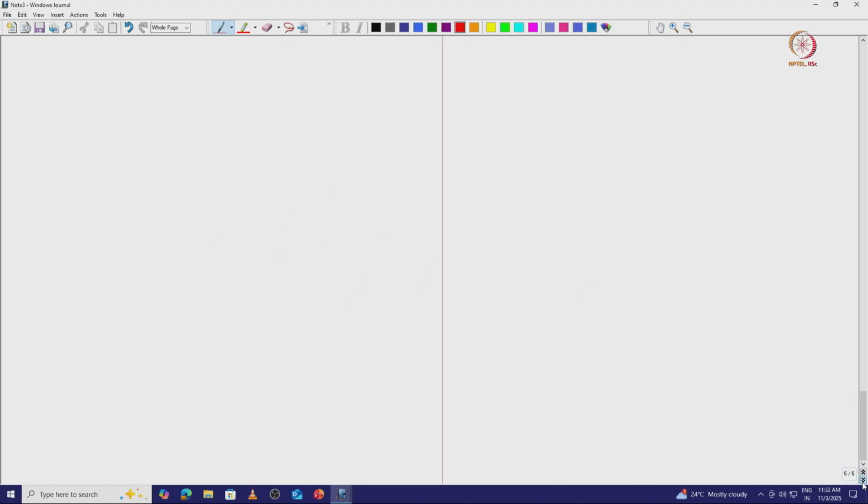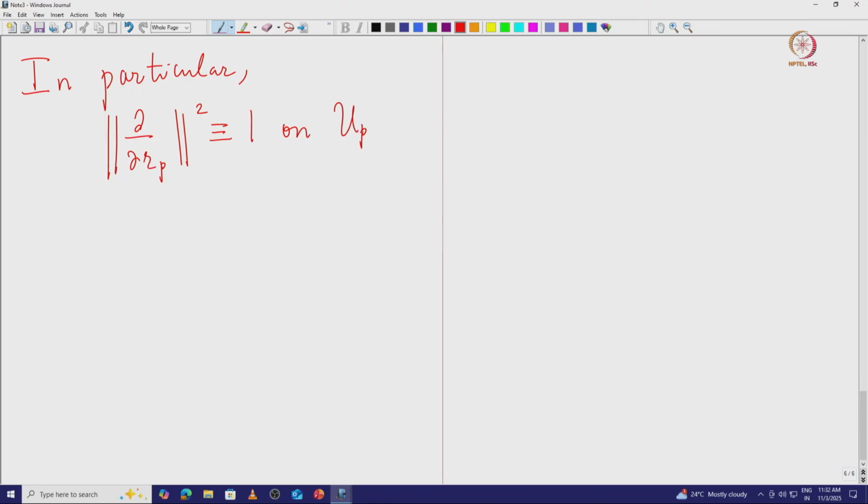So in particular, what this means is that the norm squared of the radial vector field is identically 1 wherever it is defined, which is on UP minus P.